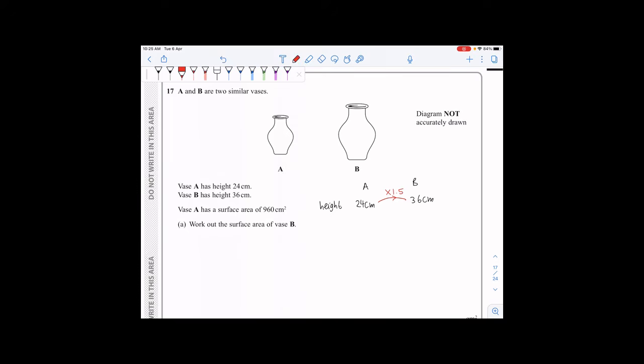So we know that the surface area will be affected by this scaling factor to the power of 2. So if A has an area of 960 square centimeters, what I'll be doing is multiplying this by 1.5 squared, and this is giving me a result of 2,160 square centimeters.